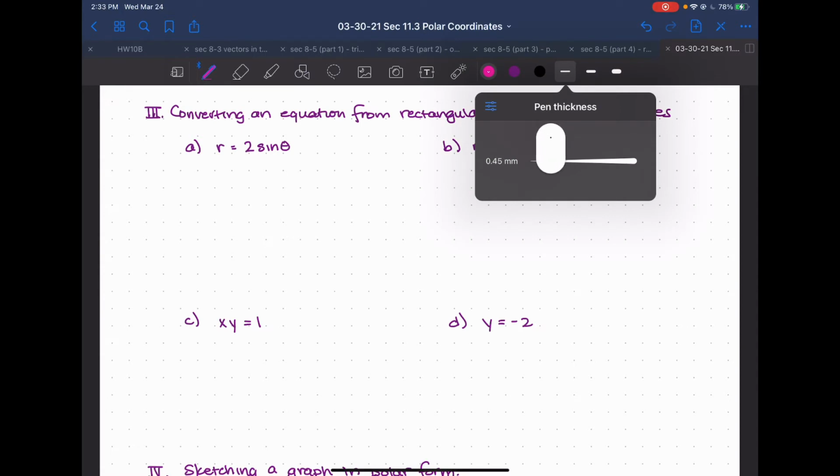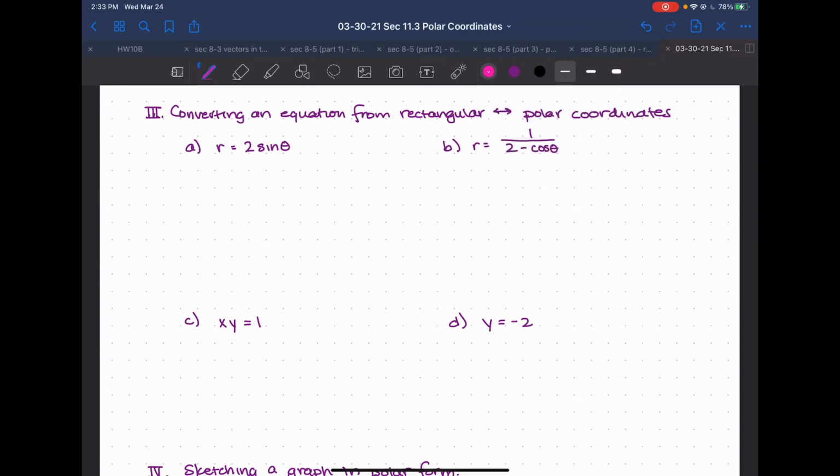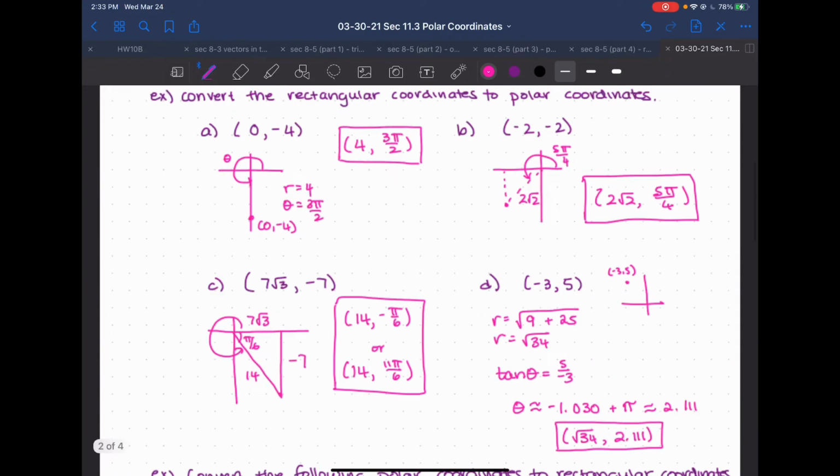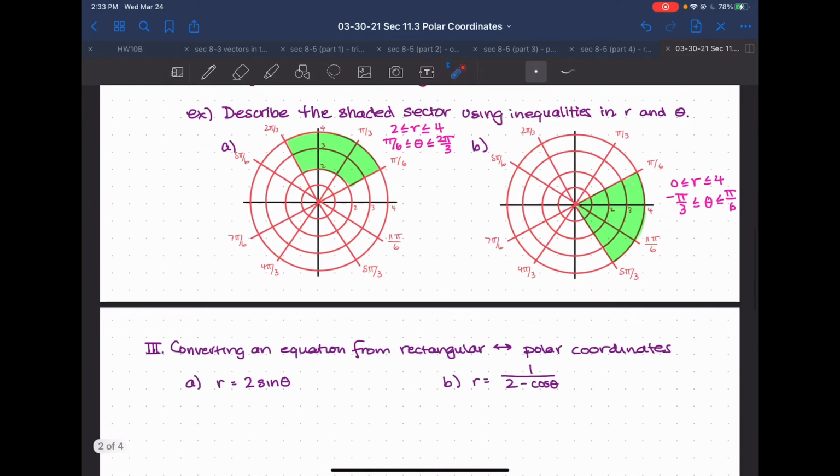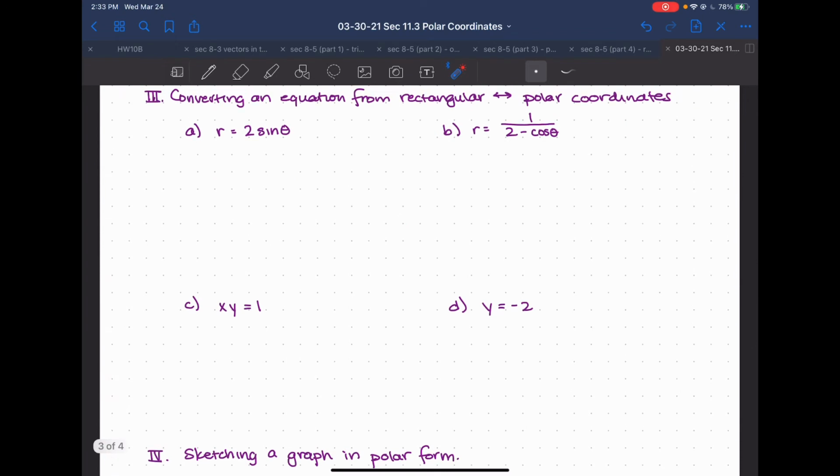I'm going to make this a little smaller. Okay, so r equals 2 sine theta. So remember, we have those formulas. These formulas right here, these are what's going to help us go back and forth when we're converting equations. So we're trying to go to rectangular.